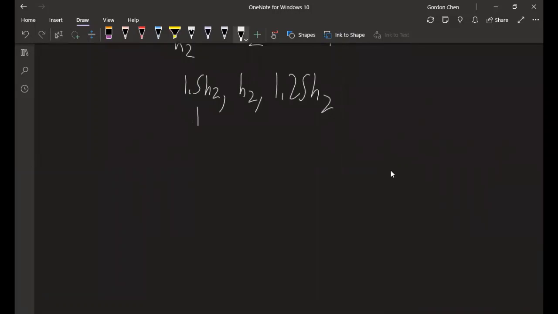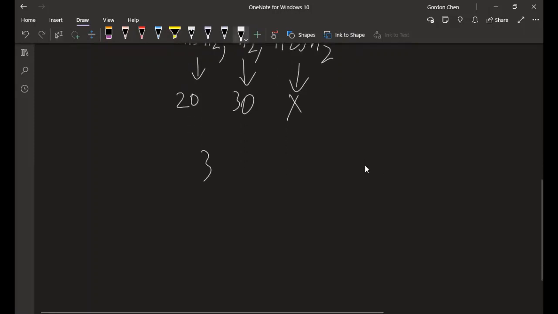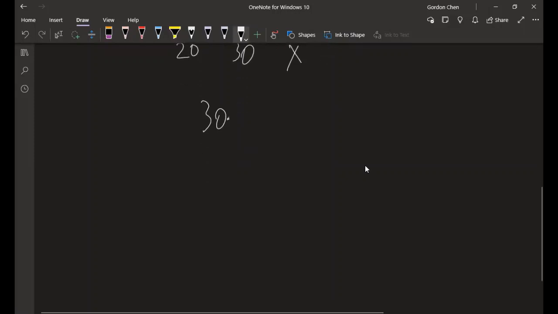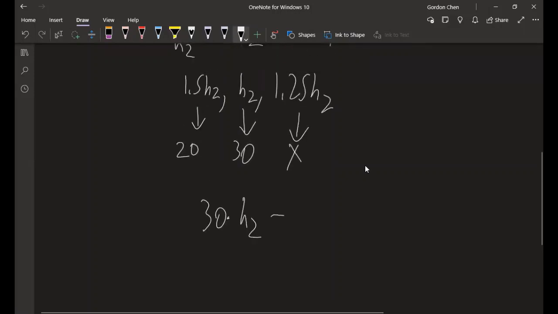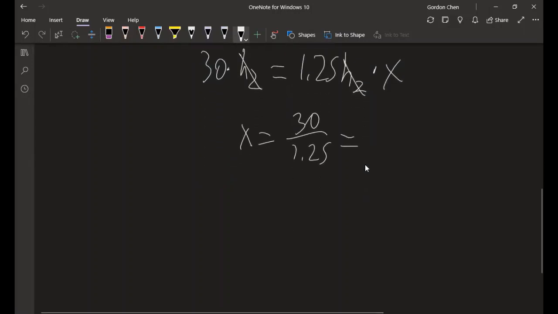And this side corresponds to the 20, this side corresponds to the 30, and this corresponds to side x. And so 30 times its altitude h2 equals 1.25 h2 times x, and the h2 cancels, and we get x equals 30 divided by 1.25 equals 24.